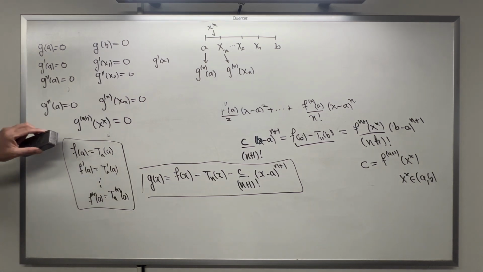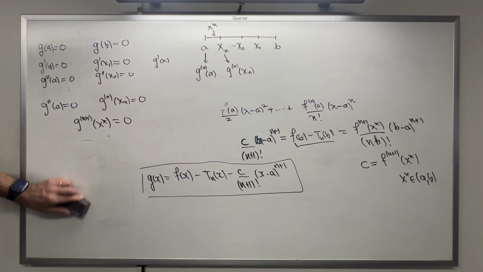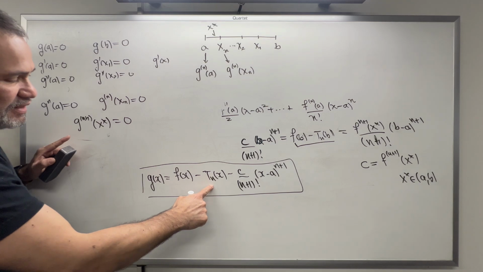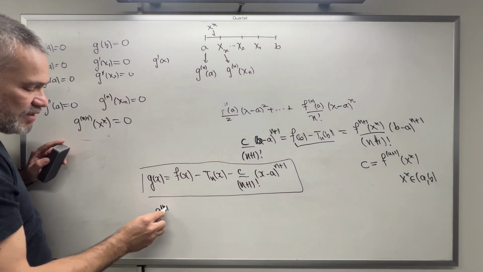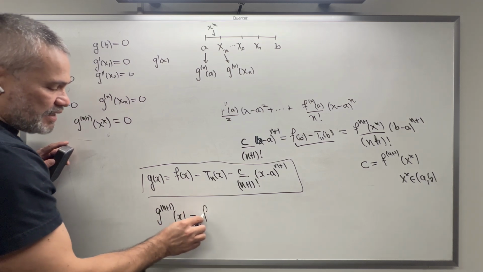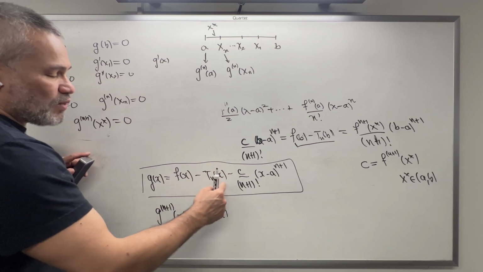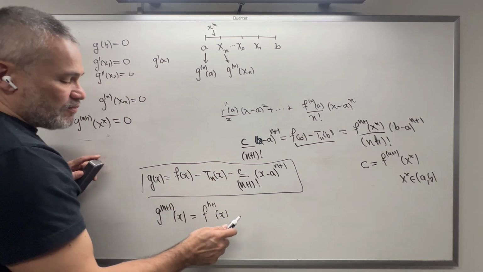But now we can compute this derivative. We know that the n plus 1 derivative of g is 0, then we can easily compute that the n plus 1 derivative of g is just the n plus 1 derivative of f. The n plus 1 derivative of this polynomial, this is a polynomial of order n, is 0.